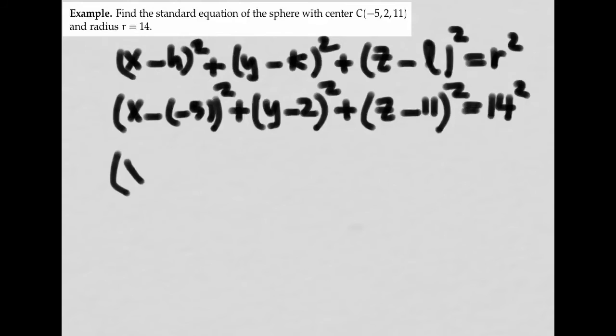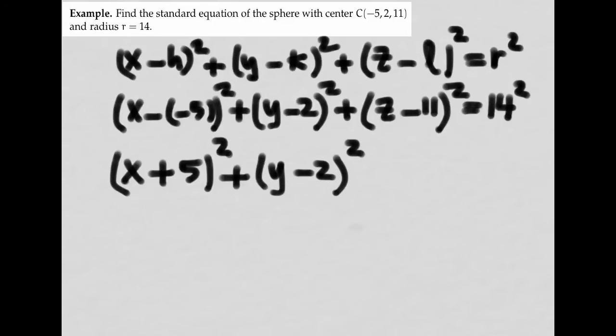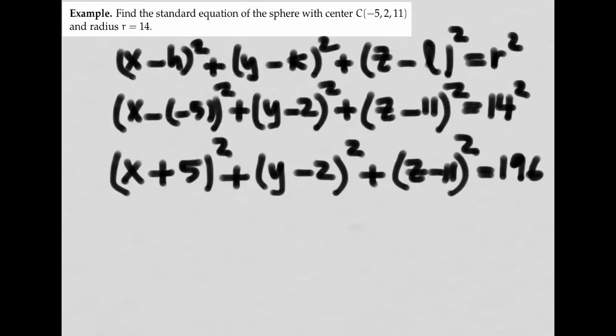That's (x plus 5) squared plus (y minus 2) squared plus (z minus 11) squared equals 196. That is the standard equation of the sphere with center (-5, 2, 11) and radius 14.